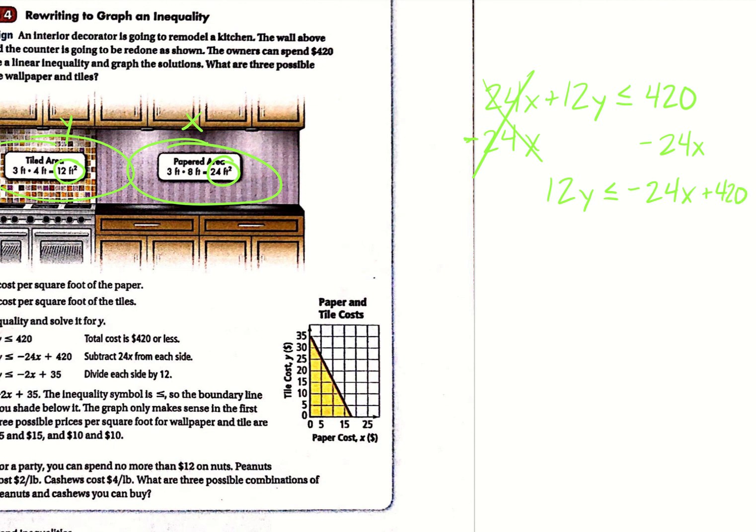If you wanted to write that the other way around, you could. It's not a big deal. Then both sides are divisible by 12, so our 12s cancel for the y, and we have y is less than or equal to negative 2x plus 35. All right, so then we would graph it.